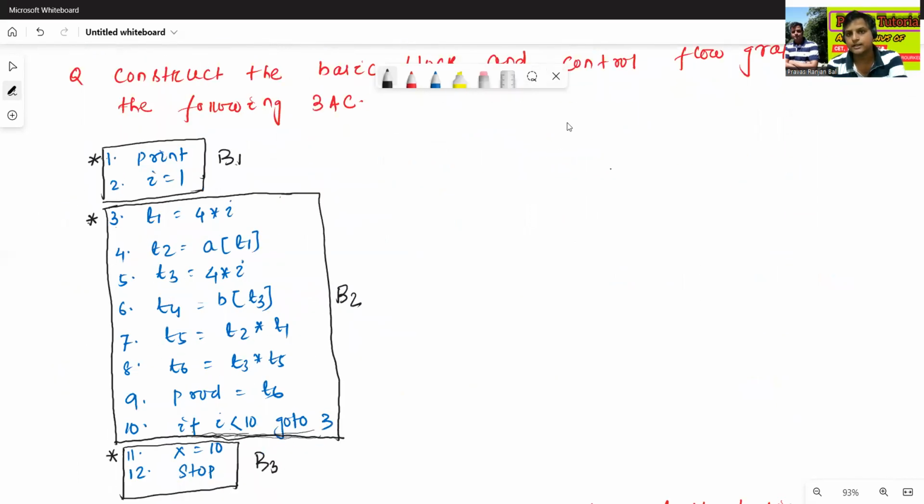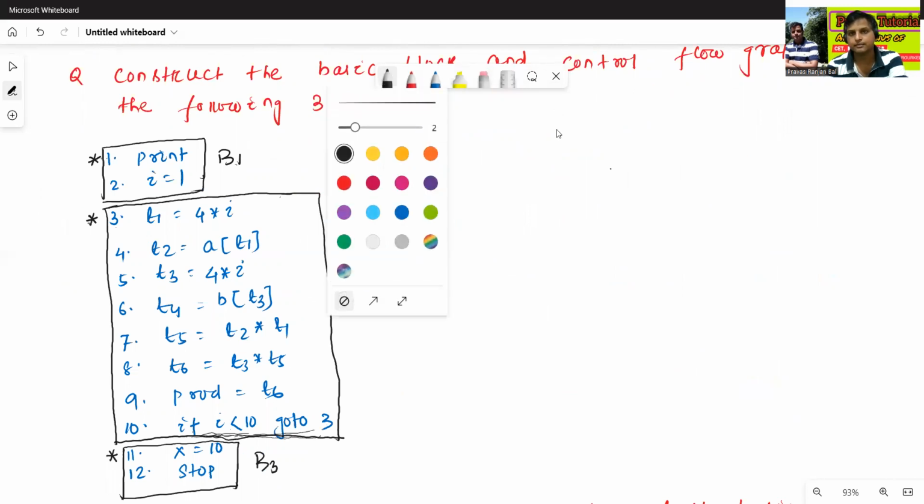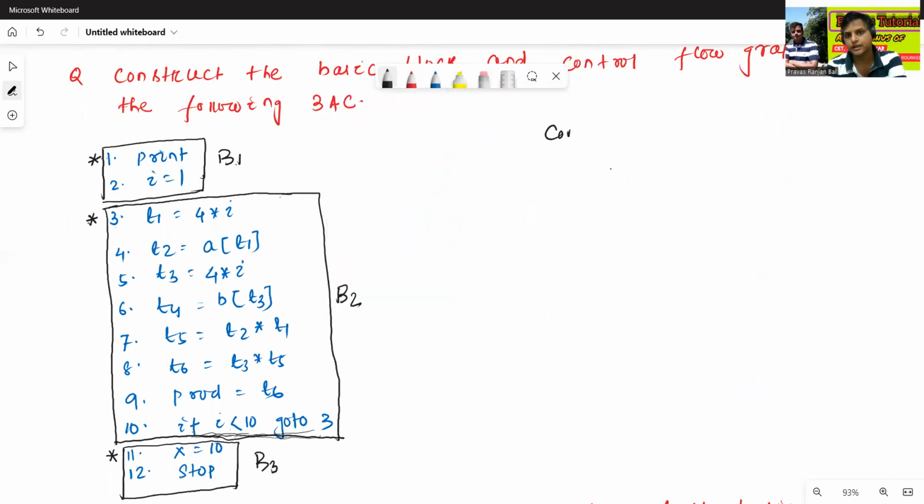Now we'll construct the control flow graph. Okay, so here how many basic blocks are here? There are 3 basic blocks.